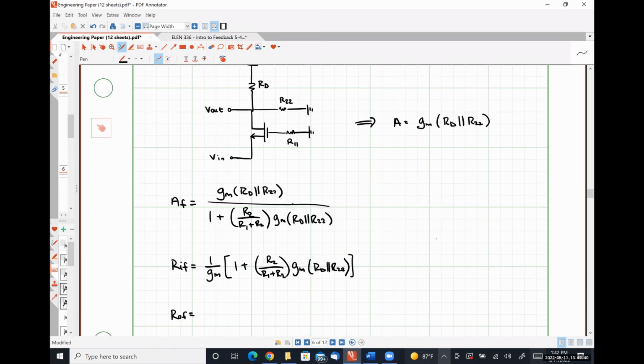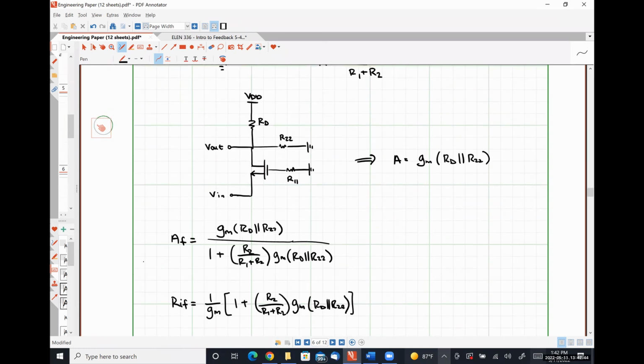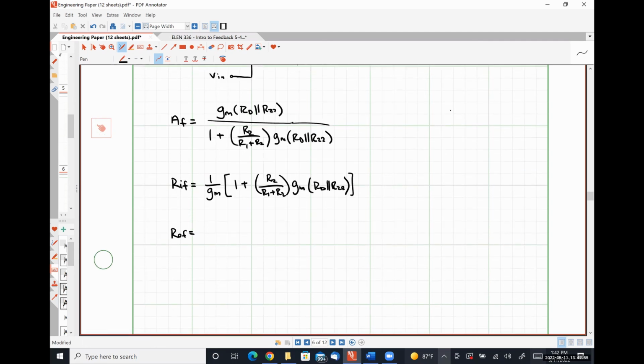So what would our output resistance here without feedback normally be? Exactly right. RD in parallel with R22. So this is going to look like RD in parallel with R22.